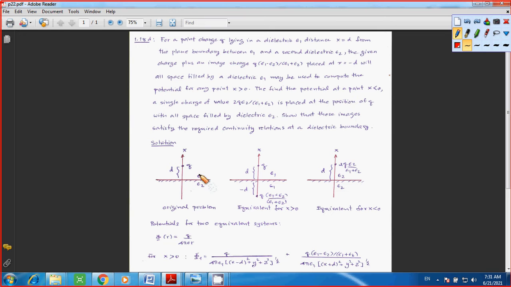You have dielectric 2 and dielectric 1 with permittivities epsilon 1 and epsilon 2, and x equal to 0 separates the two regions. You have the point charge q at distance d along the x-axis above the boundary.